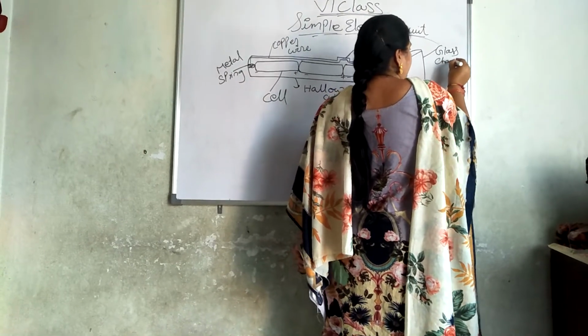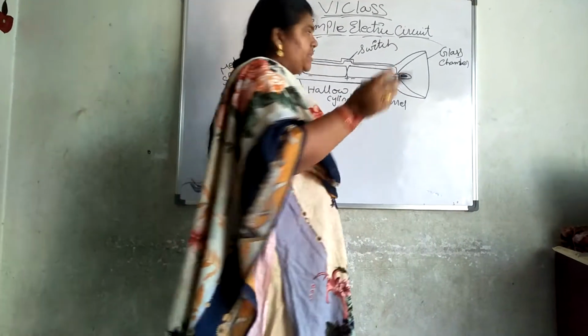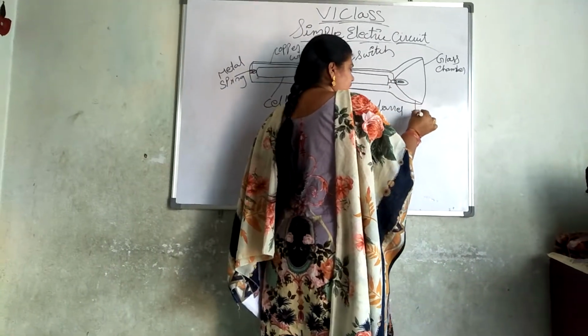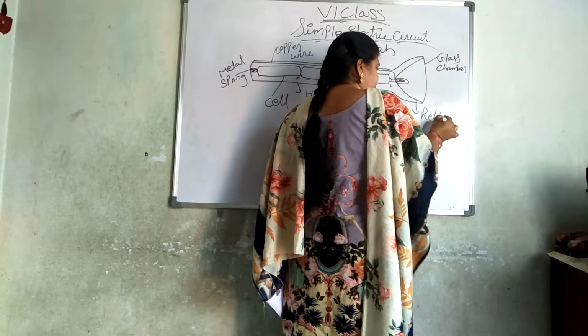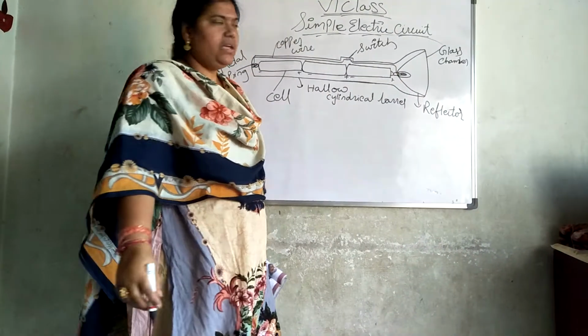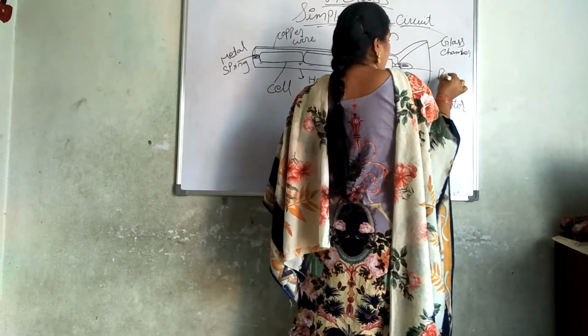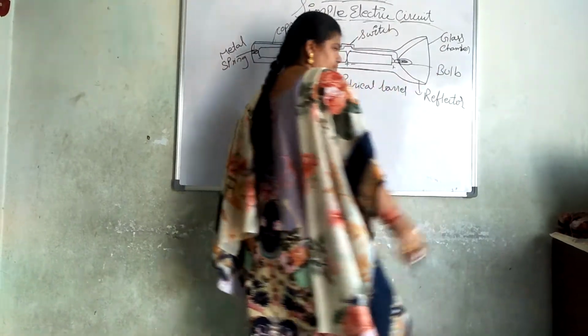This outside part is called the glass chamber. Inside the glass chamber, it has a reflector. And the last one is the bulb which is present inside.